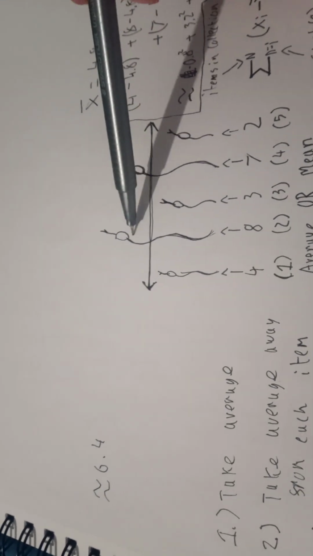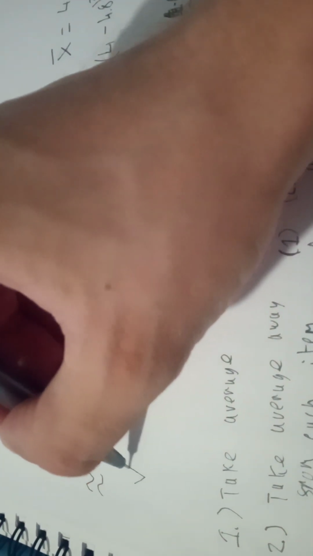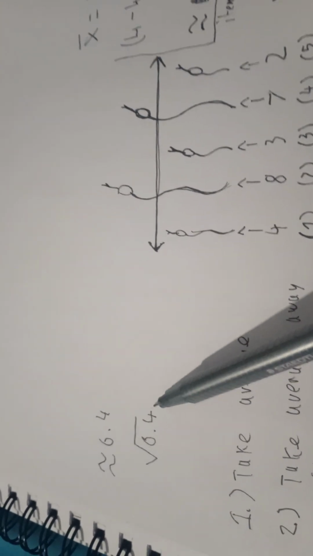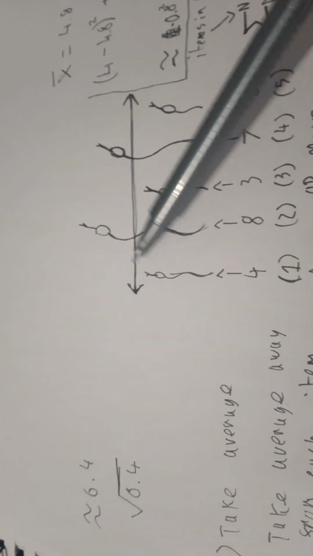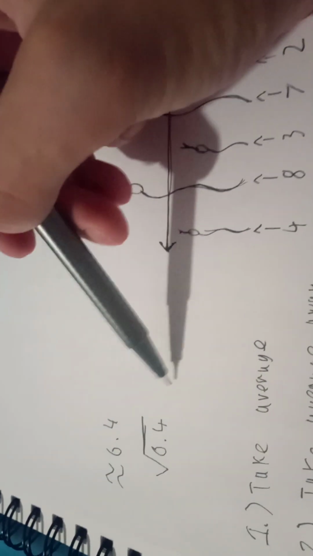Not in reality, okay? So you have to actually do something called a square root, which is where you find out, if we took some number and found out what is that number times itself, what is it that gives us 6.4, right? And this is called the standard deviation. This is to give us some actual idea relative to the size of these animals how much they kind of vary.